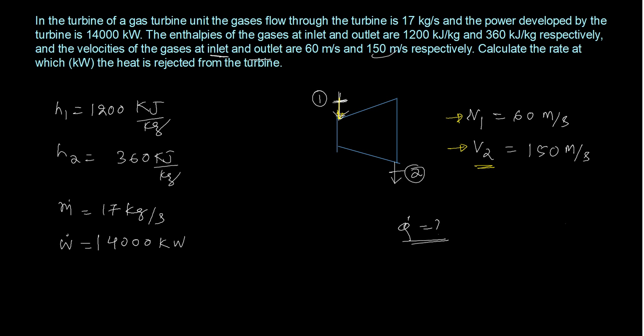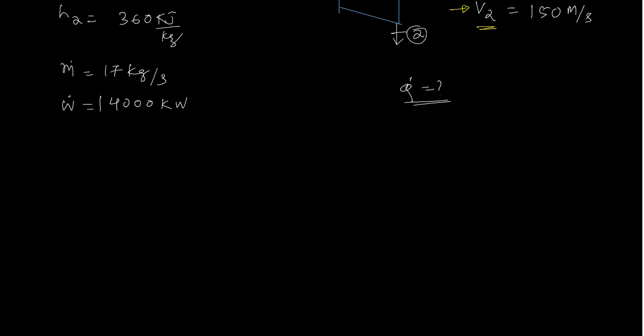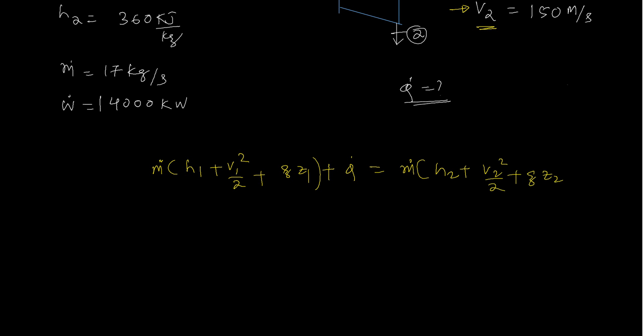So let us use our steady flow energy equation. According to the steady flow energy equation, you can write m dot times (h1 plus v1 square by 2 plus g z1) plus q dot is equal to m dot times (h2 plus v2 square by 2 plus g z2) plus w dot.